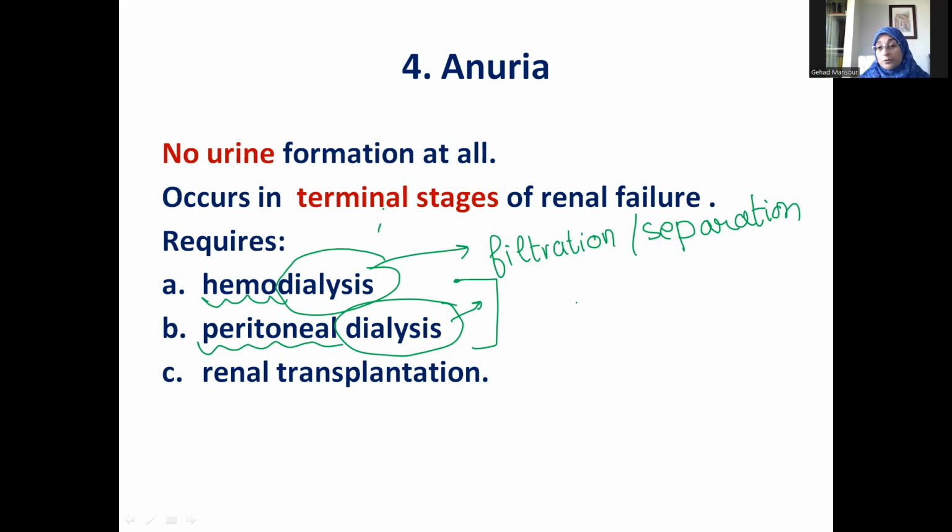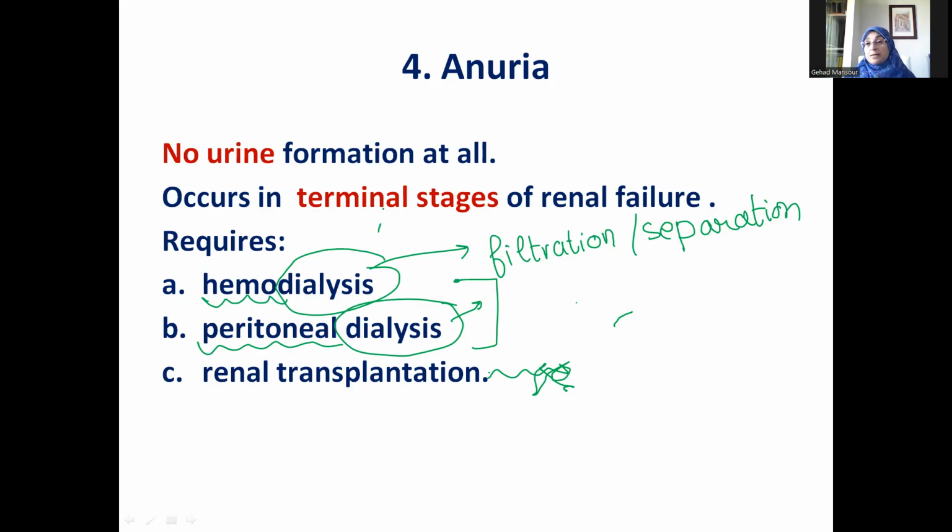But you might also do surgery, and the patient might need renal transplantation, meaning that you implant a kidney that is functioning inside the human body.